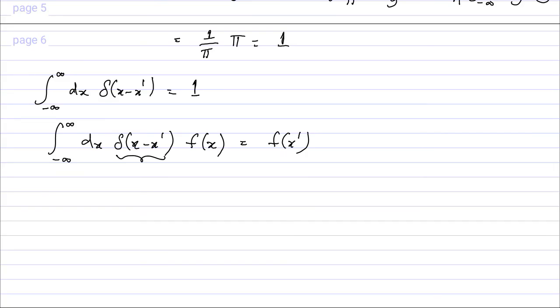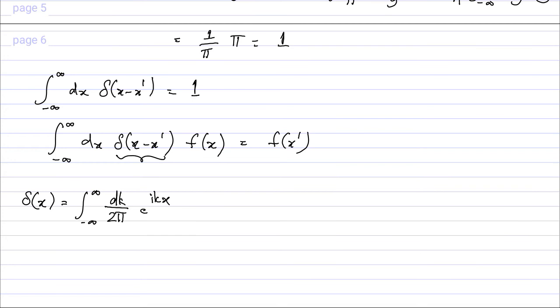Now, to prove any identity involving the Dirac delta function, you can proceed in two ways. For example, consider the fact that delta(x) is the integral from minus infinity to infinity of dk over 2 pi e raised to ikx.